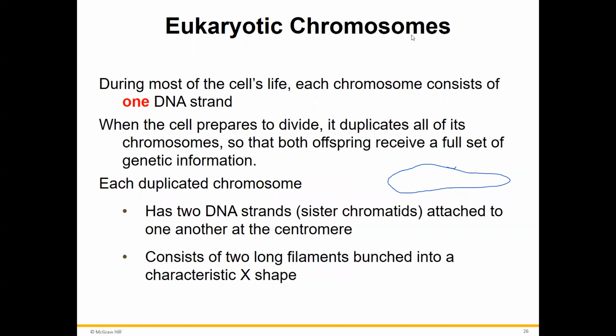So during most of the cell's life, each chromosome consists of 1 DNA strand, not 2, whereas you've seen in the past this characteristic X shape, right? You see an X and you think, oh yeah, that's a chromosome, but it's really not a chromosome.